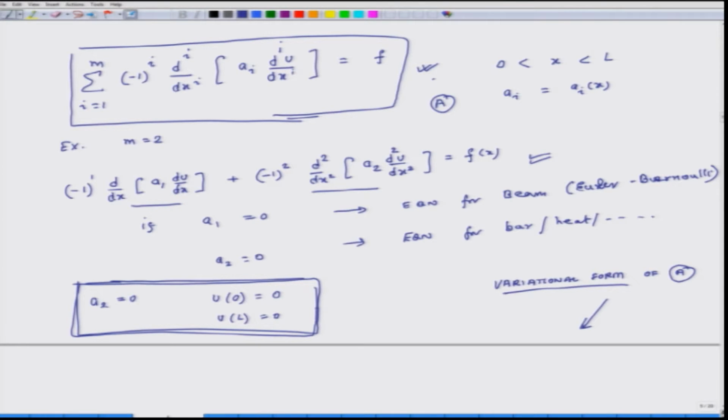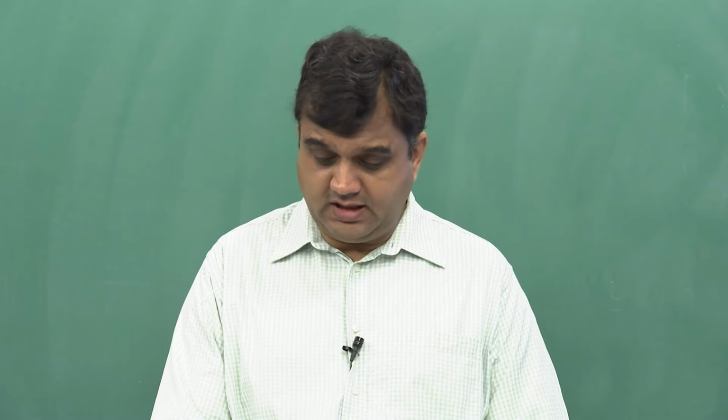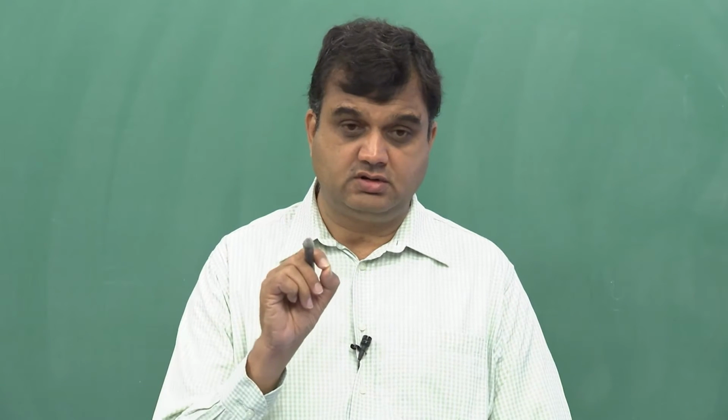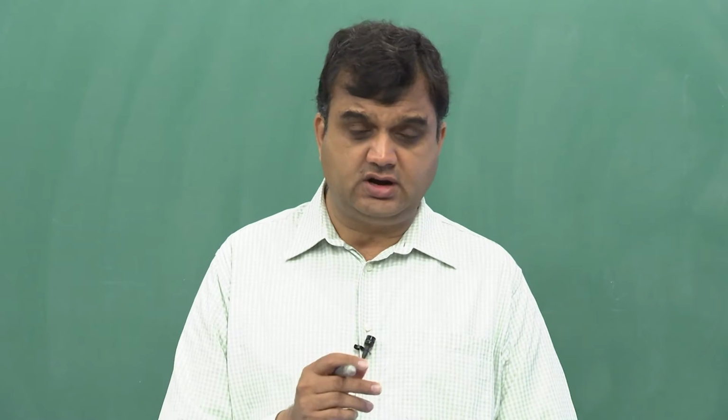In FEA1 we have discussed this, but to recap, what we do is we multiply equation A with a variation, a small perturbation, and let us call that variation v.